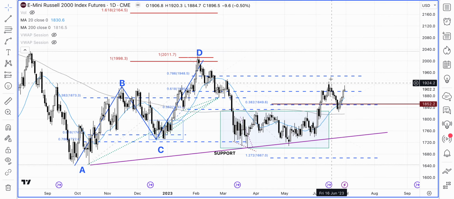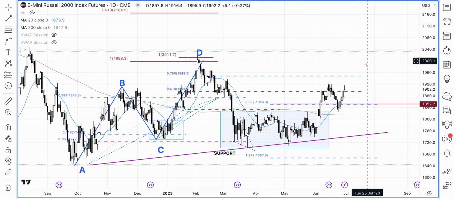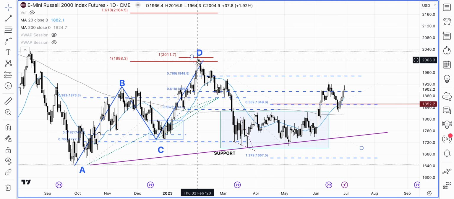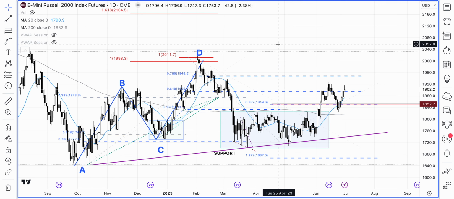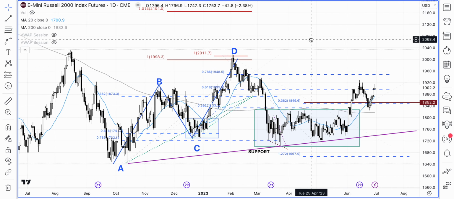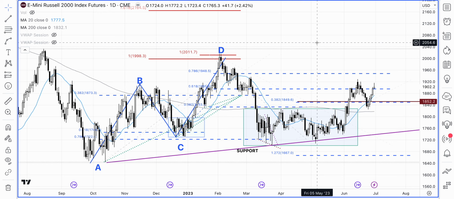It remains to be seen whether it's just going to be a double top formation here, or whether we are looking at a leg higher, which could be another ABCD formation challenging the highs coming in from the 2nd of February, and which could in fact see the market trade higher. The Russell 2000, the small cap stocks, are more sensitive to interest rate movements. They have been range bound for a long time.